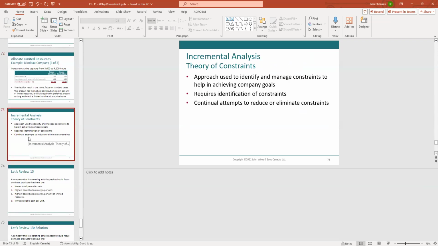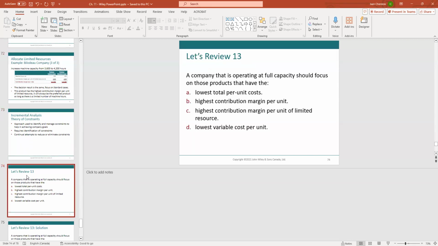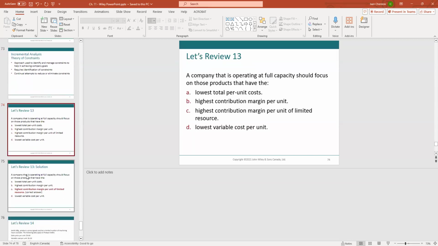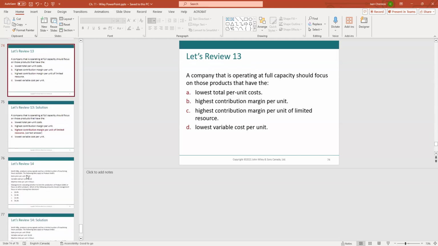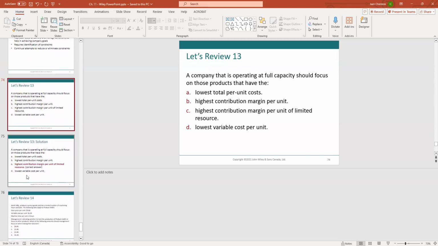The theory of constraints approach is used to identify and manage the constraints. So we have to find the constraints, identify them, and try to eliminate them. We are pretty much over with this chapter. We have 2 more questions to do, and we're done.